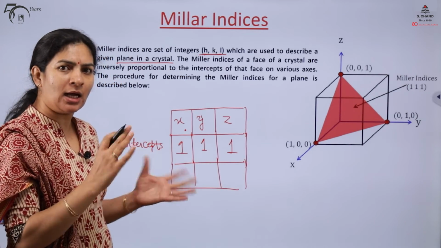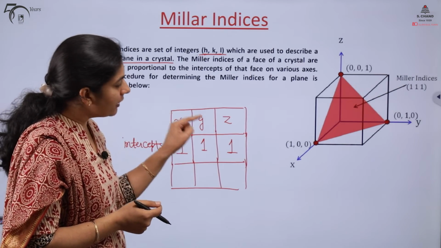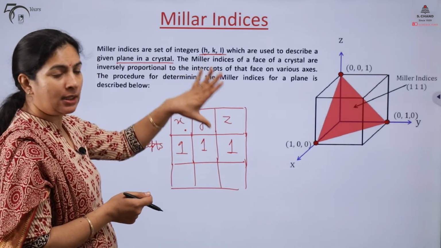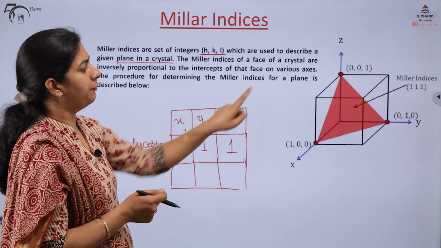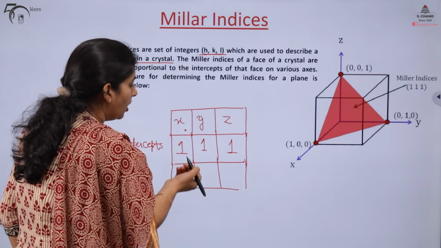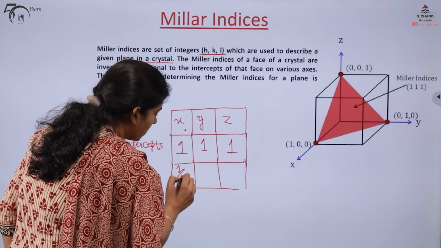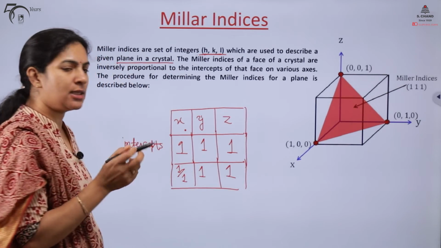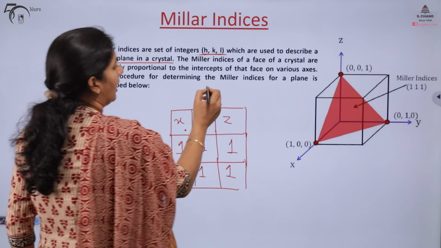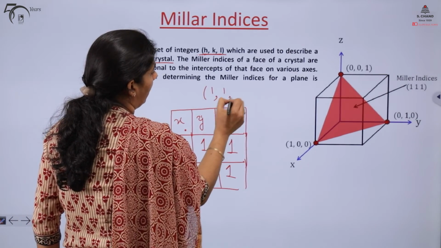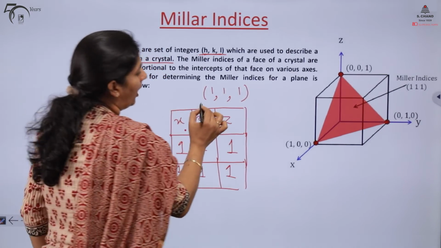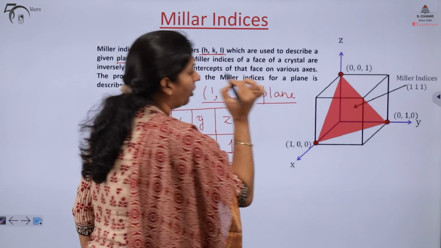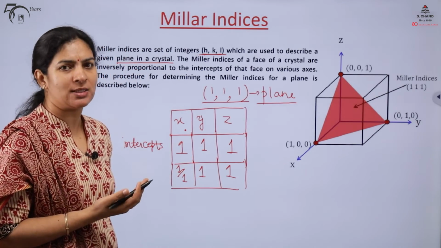Miller indices are nothing but the reciprocals of the intercepts made by this particular plane on different crystallographic axes. So what is the reciprocal of 1? It is 1 only, right? So it remains 1. So what are the Miller indices of this particular plane? They are 1, 1, 1. In short, we write that this is the 1, 1, 1 plane which is present in a crystal.